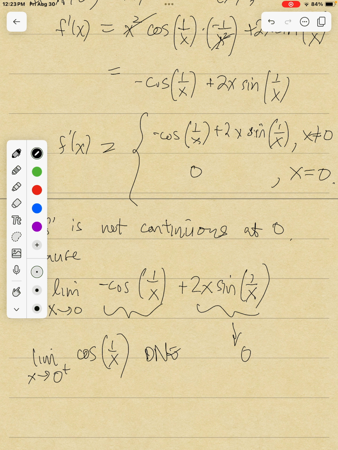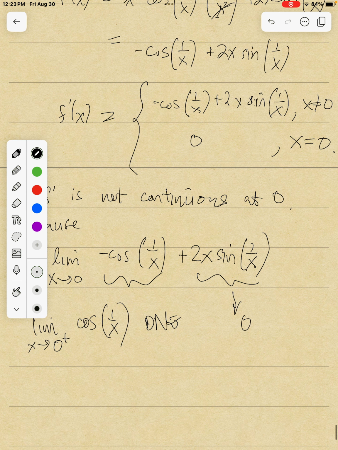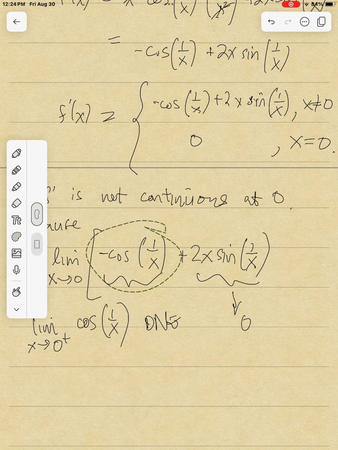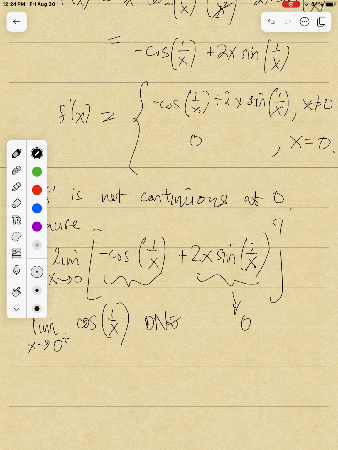Cosine of 1 over x doesn't stabilize towards a particular value. And so the limit doesn't exist. If you have one thing where the limit does not exist, and you add something where the limit does exist, then the limit of the sum does not exist. So since this limit doesn't exist, the function is not continuous.